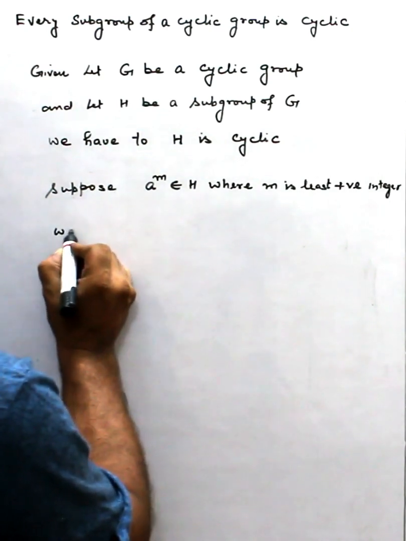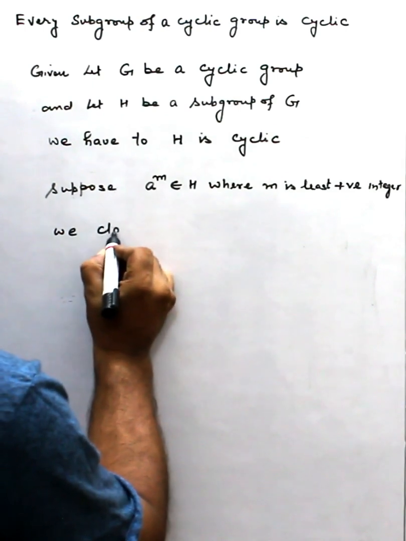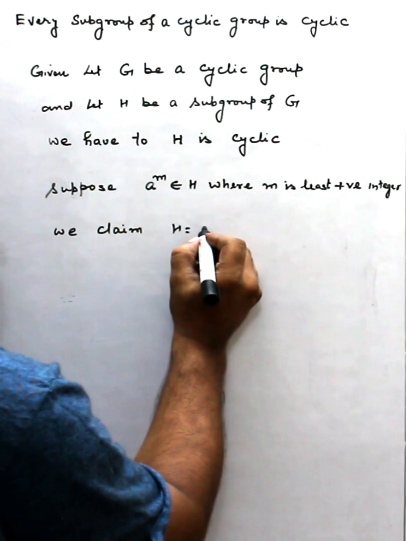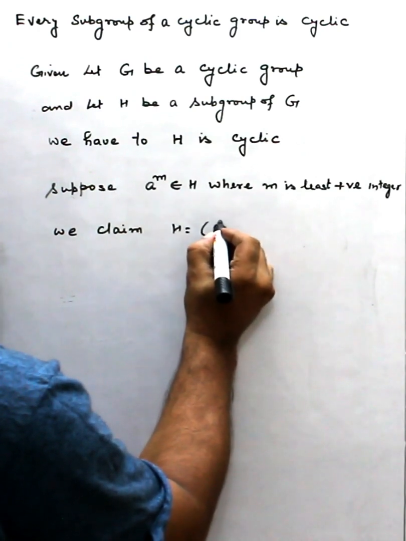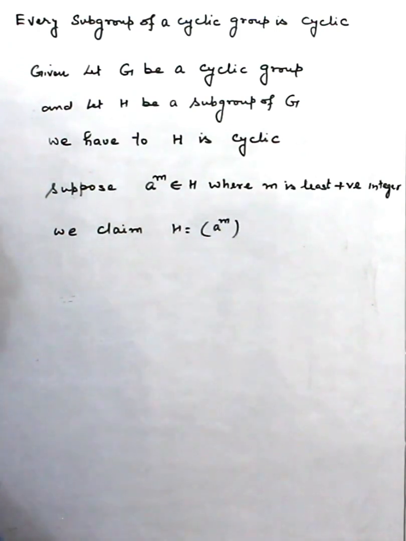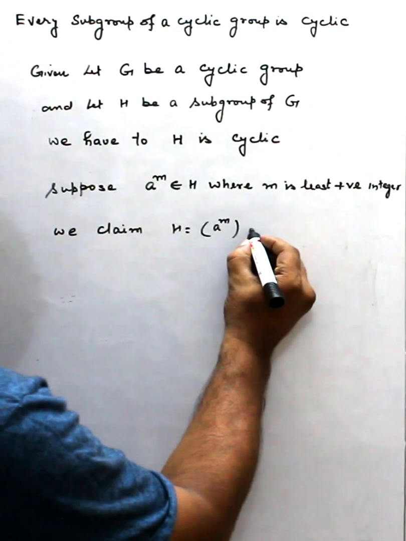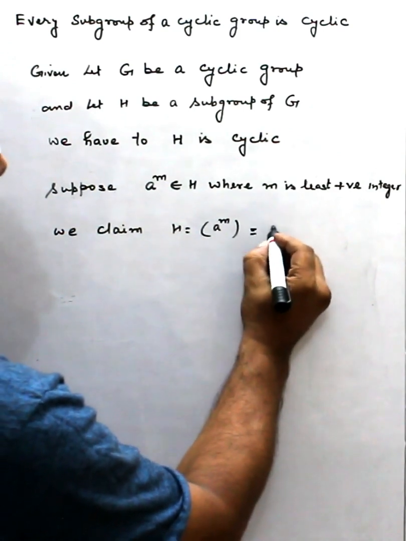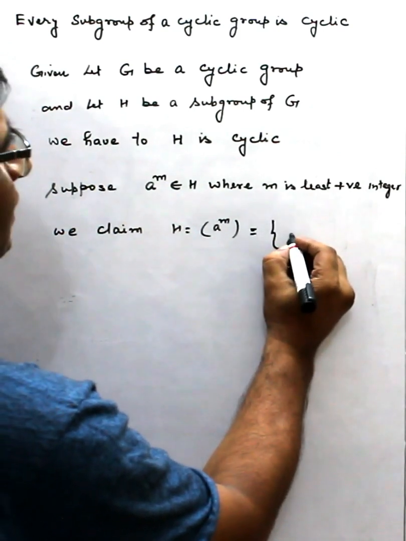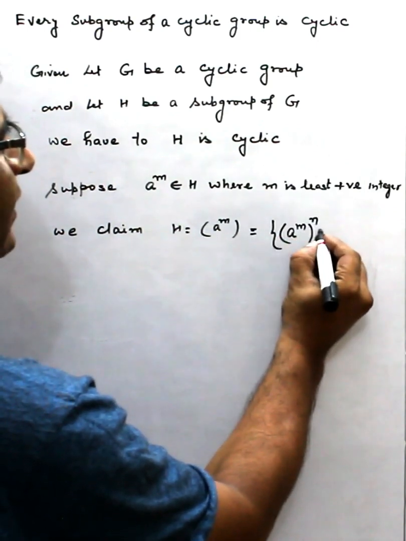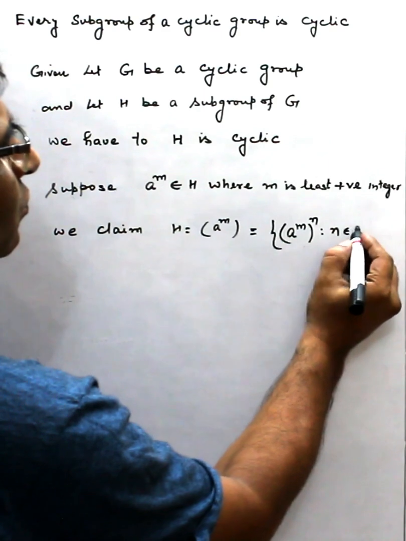We claim H is equal to ⟨a^m⟩. This means, in expanded form, H is (a^m)^n, where n belongs to Z.